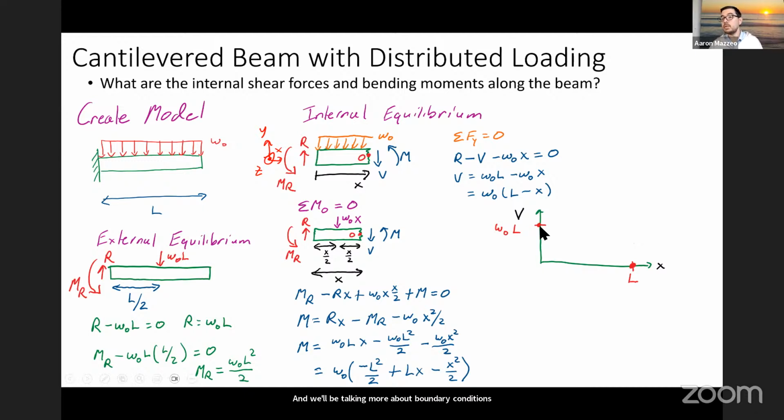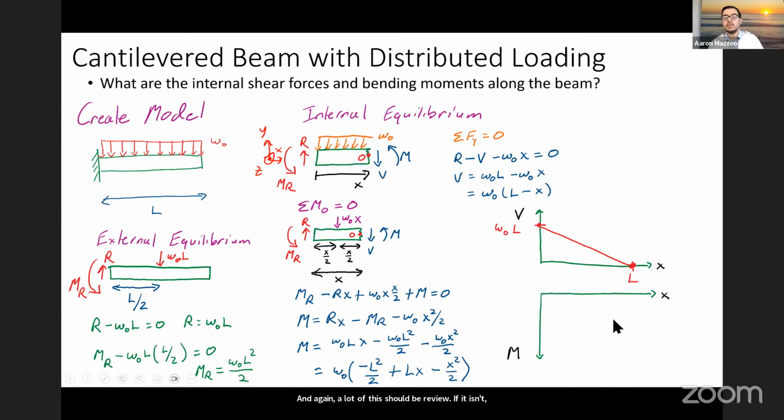That gives us at least 2 points on the curve. Since this is a line, a first order system, simply drawing the line between those two boundary conditions is all we need to do. Again, a lot of this should be review. If it isn't, I suggest taking a look back at your statics.